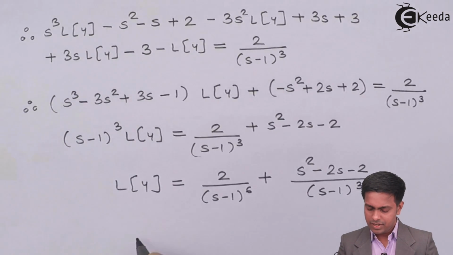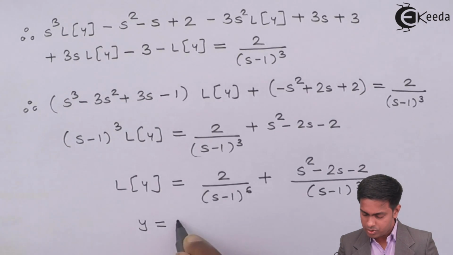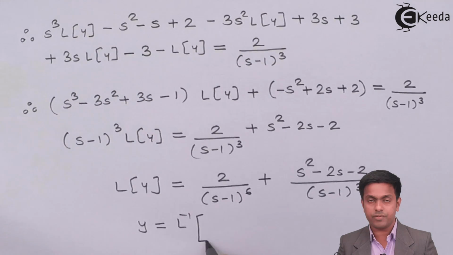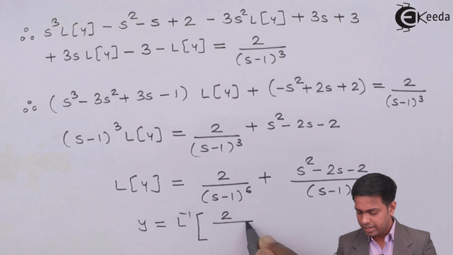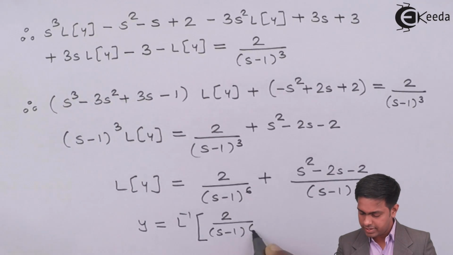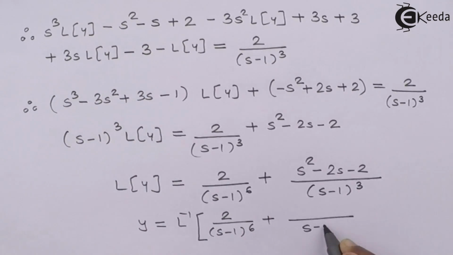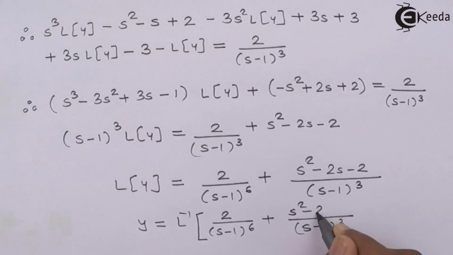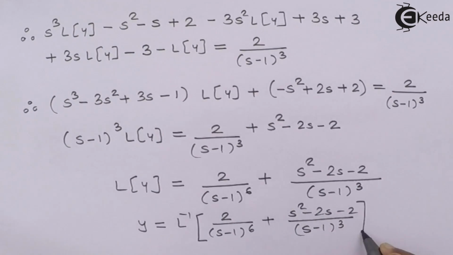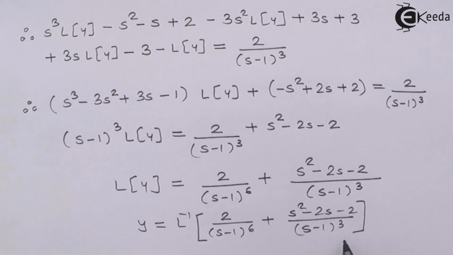So guys, it means y is equal to Laplace inverse of this given function, which is 2 upon (s minus 1) raised to 6, plus here in the denominator (s minus 1) cube, and numerator is s square minus 2s minus 2, and the value of this will be a function of t, and that function of t is nothing but the value of y, which is our final answer.